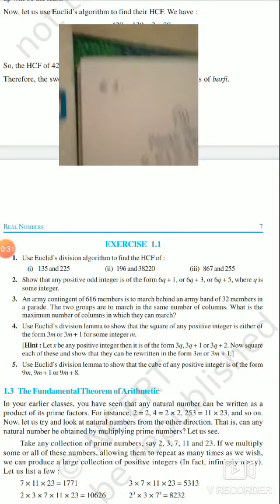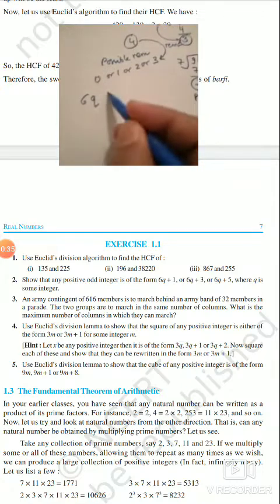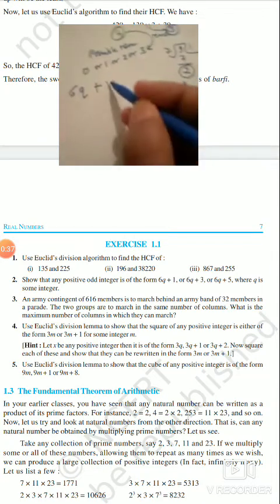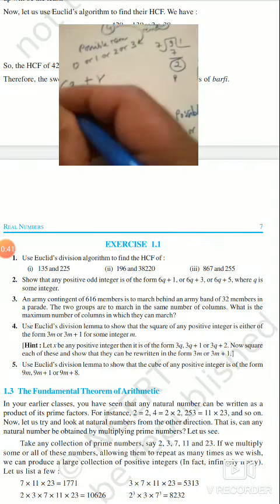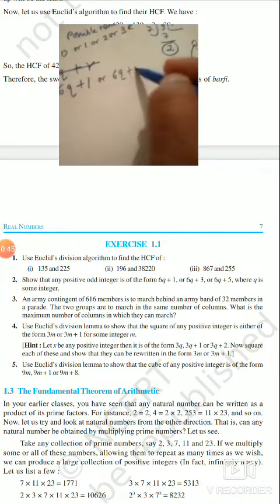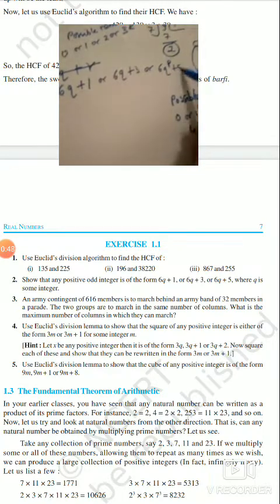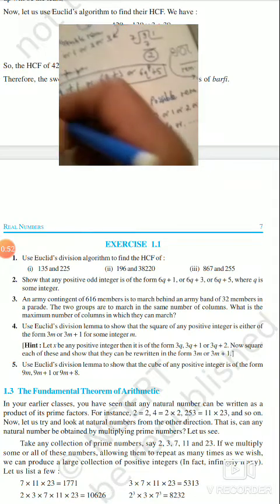Here the question is 6q plus 1, or 6q plus 3, or 6q plus 5. We have to prove these are all odd numbers.